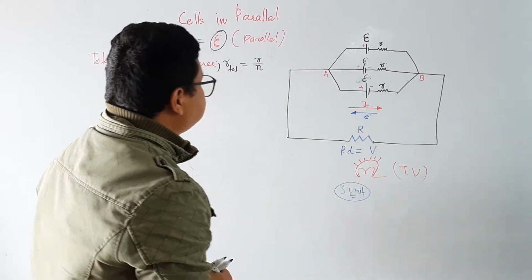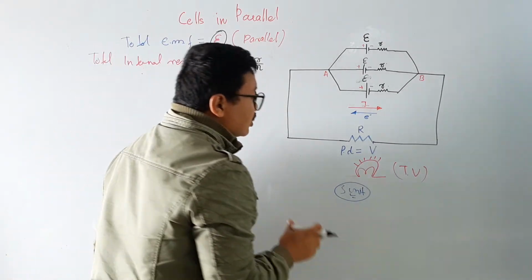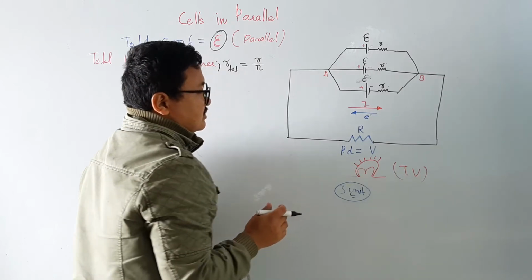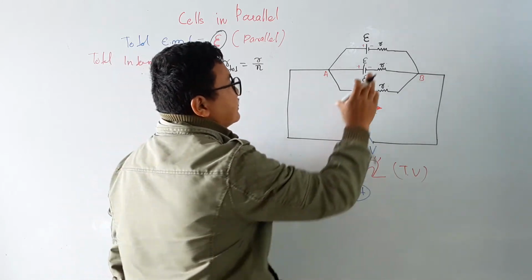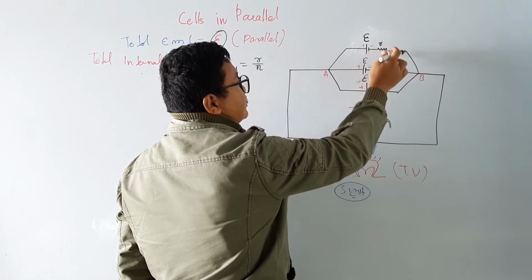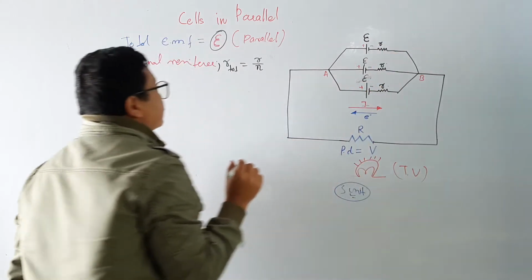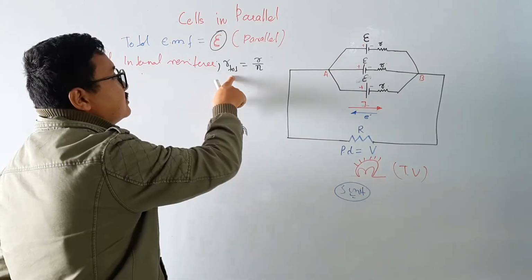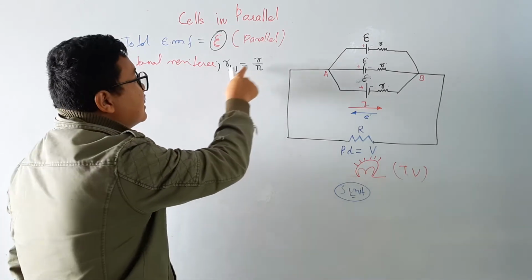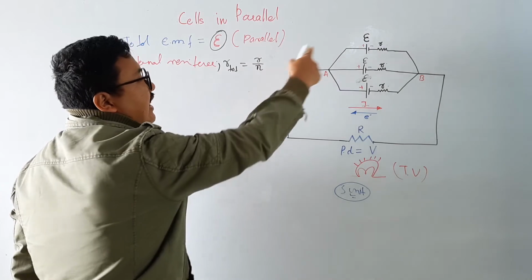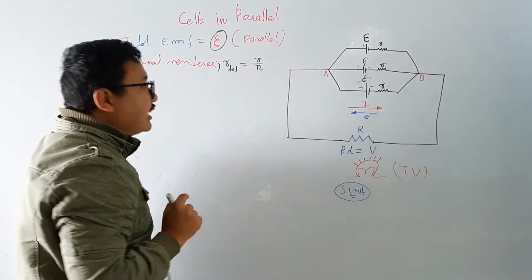Now let me find the total resistance. Here is 1, 2 and 3. So we got the total internal resistance R by n for n number of cells, right?